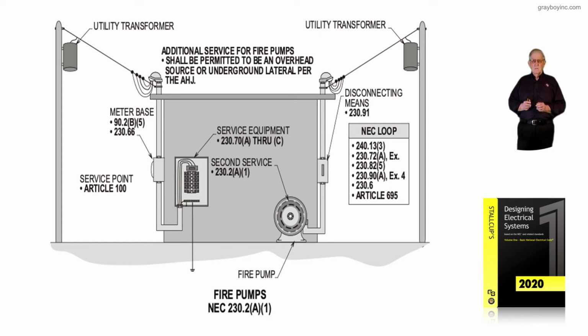Now, we will get into what is called reliable power as we get on into this presentation. And basically, what is considered reliable power is found in NFPA 20 for fire pumps. It's when the service collectively for 4 hours has not gone down.